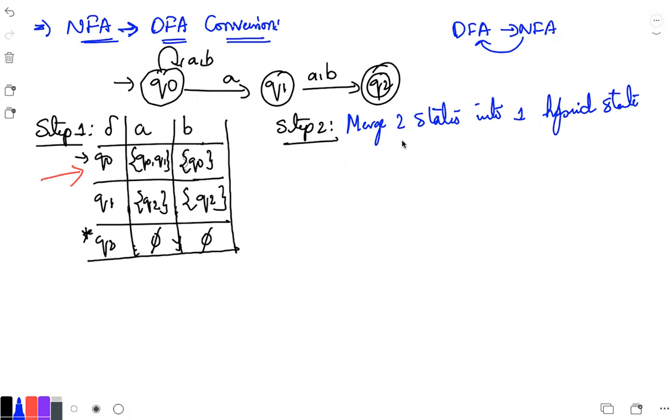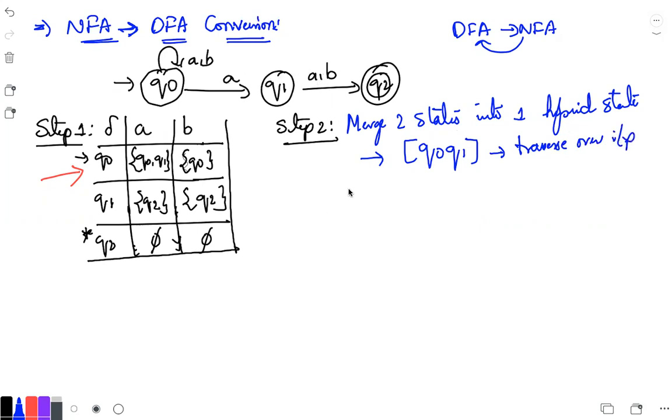Now Q0 comma Q1 will become one state, Q0 Q1. Just merge it now. Then the new merged state, you traverse over the input. After merging, the new state Q0 Q1, traverse over the input. What is the input we are having?